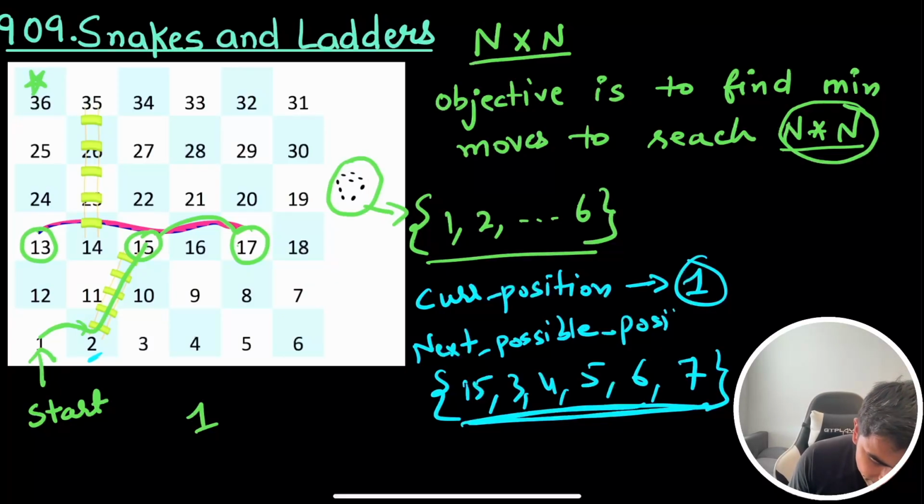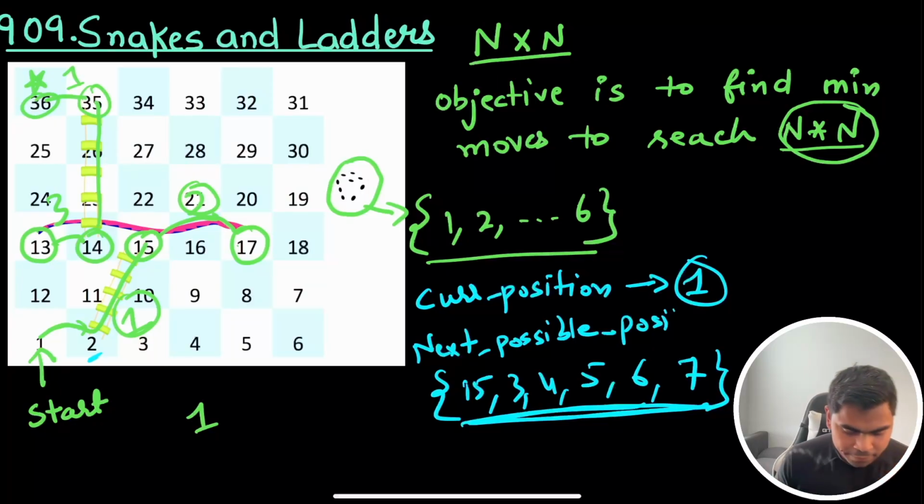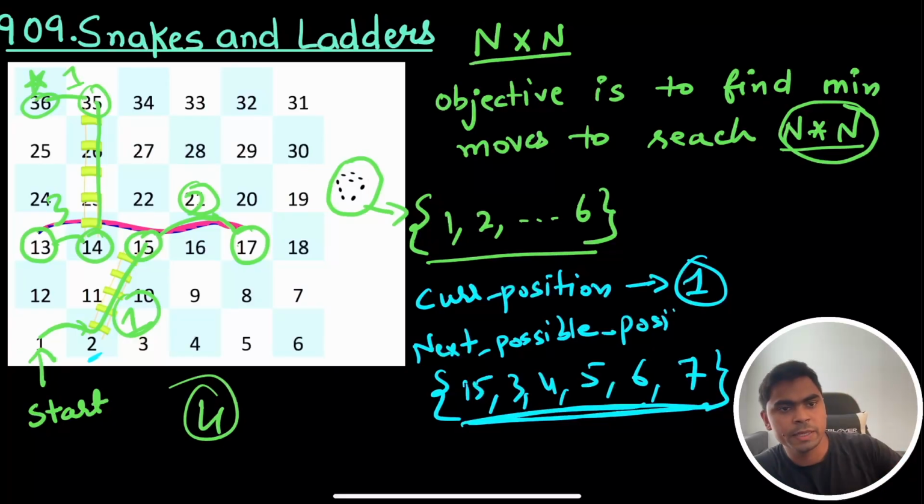So that's not a step. So this is step 1, this is step 2, and this is step 3, and then this is my 4th step, taking a 1. That is it. This particular example has the answer 4. So that's how we basically find the answers.